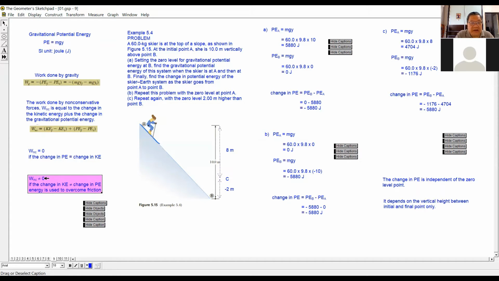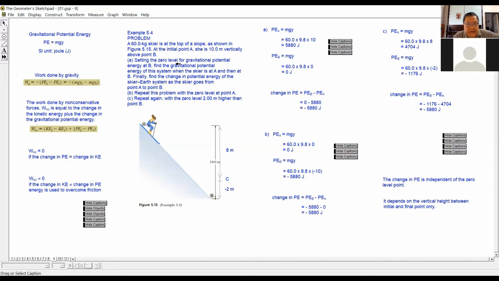If they tell you that there is friction, that means there is non-conservative work done, and then you cannot equate the change in potential energy with the change in kinetic energy. How to relate them are in later examples, not this one, in the next file. Later, you're going to relate the potential energy to kinetic energy.